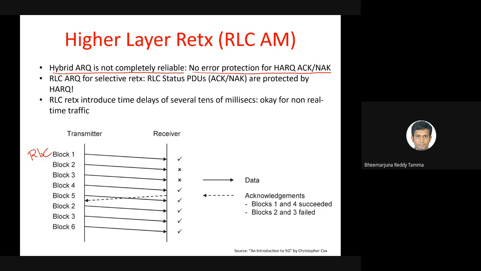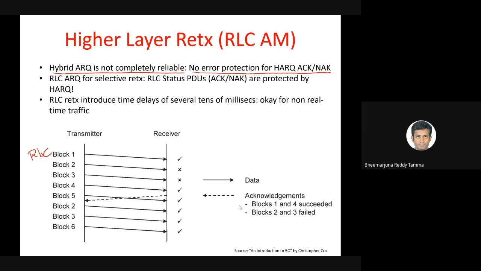In this case, what you see is RLC block 1 or RLC packet 1, 4, 5 have been received successfully, whereas blocks 2 and 3 have not been successfully received.